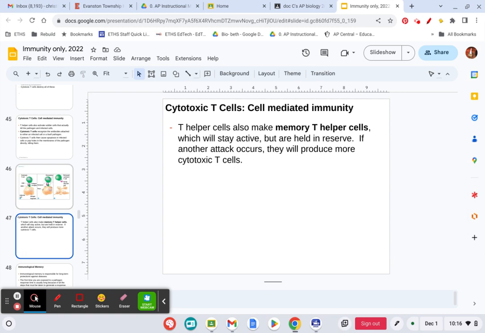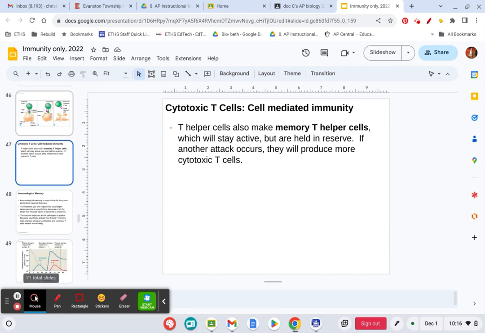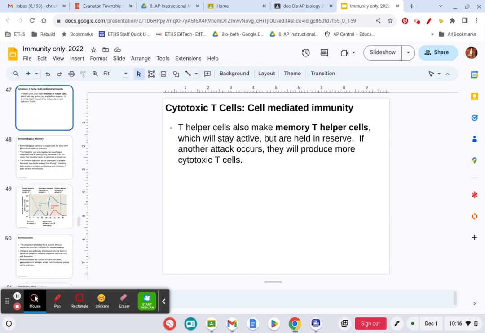They're held back in reserve, also floating through the bloodstream and lymphatic tissue, so that if there is another infection down the road, they will very quickly be able to produce cytotoxic T cells and say, hey, this is what the infection looks like, go, go, go, and sound the alert to make everything start up again, B cells and all that. Okay. Questions on that?